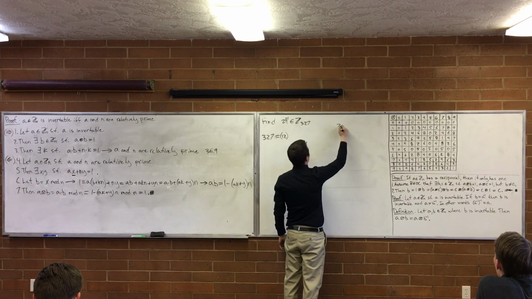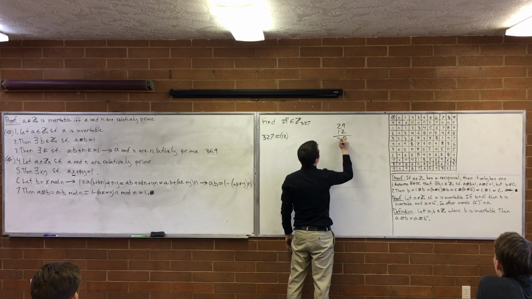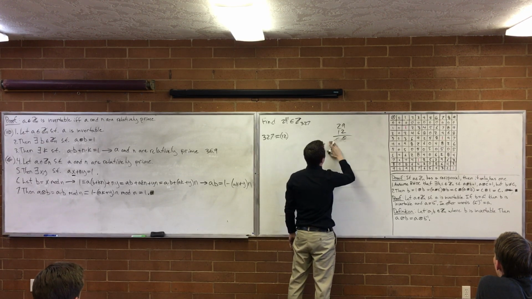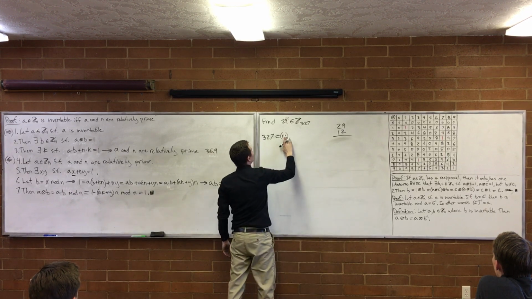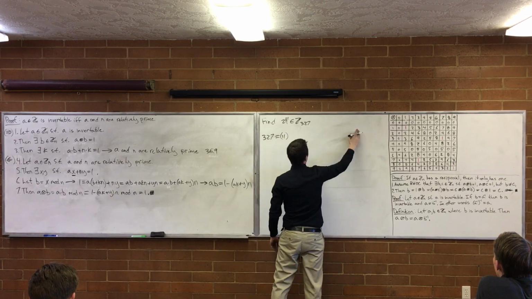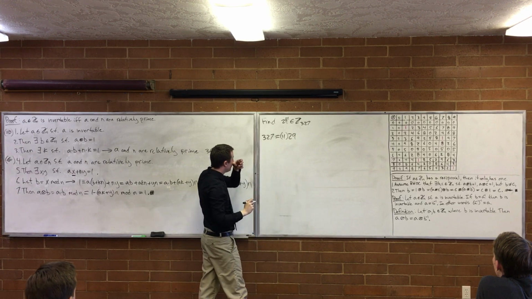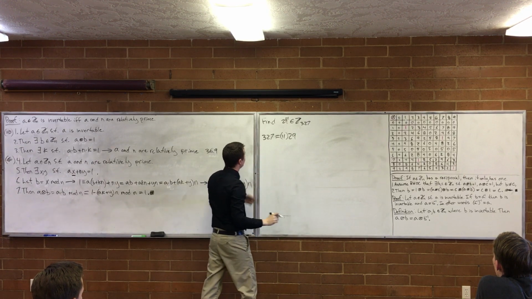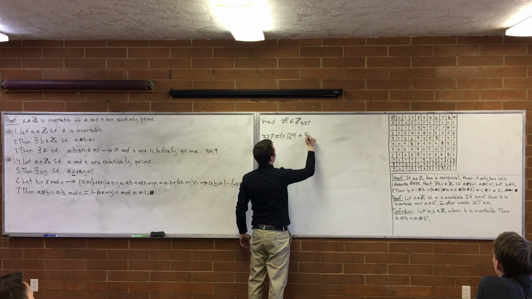Well, let's check it real quick. 29 times 12, what do we get? No, I didn't do that right. 11 times 29 comes out to 319, so a remainder of 8. So 327 is 11 29s plus 8.